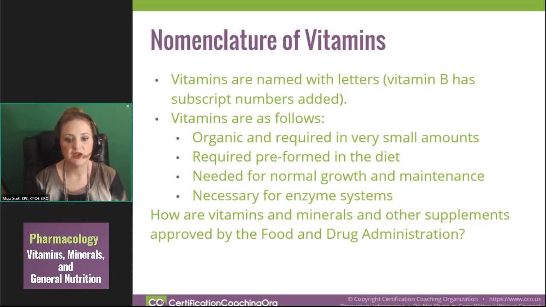Be very aware that the Food and Drug Administration approves medications, but you need to do a little research about what the FDA says about over-the-counter vitamins. I read an article one time that the FDA can be off by 100 milligrams at a time.